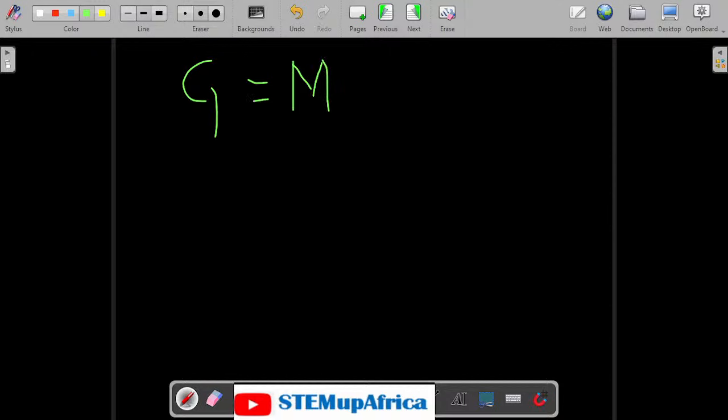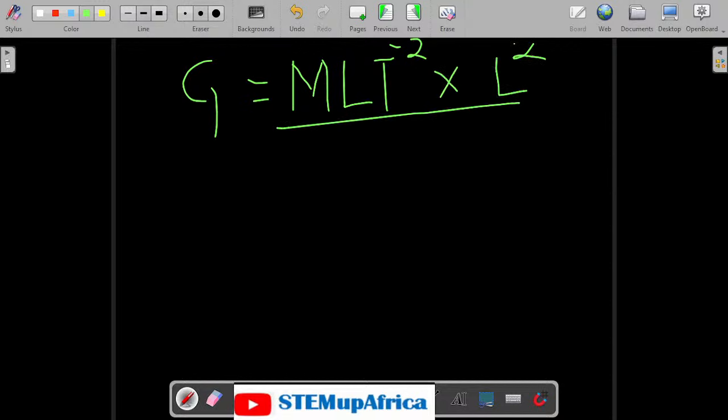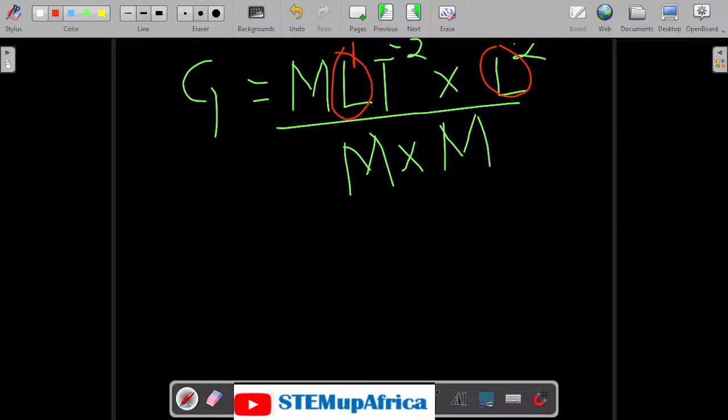M L T to the minus 2 times L squared, which is for the radius, over M times M, which are the two masses. So I can apply the law of indices to these two L here because they are multiplying each other, and the power this L has is 1.